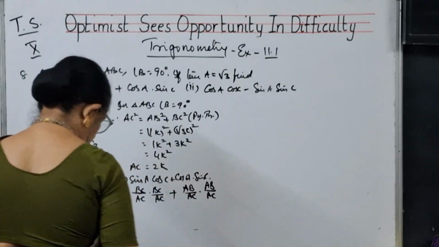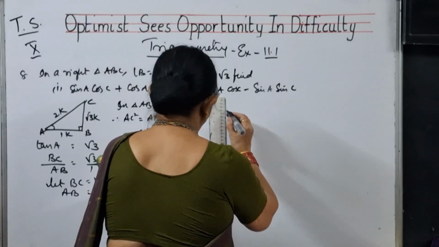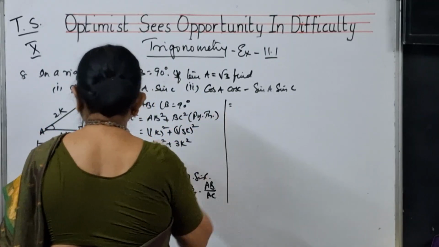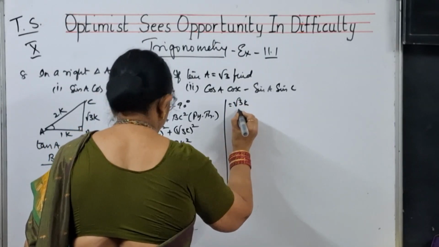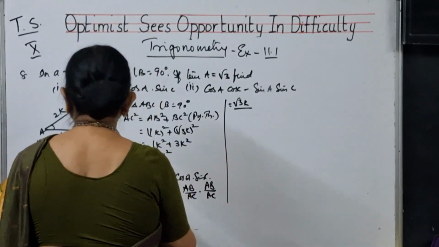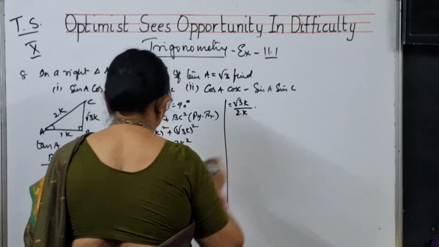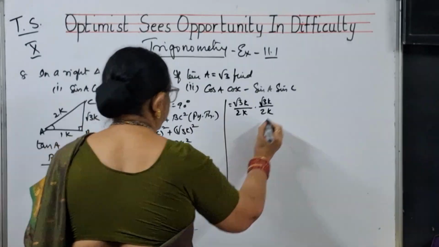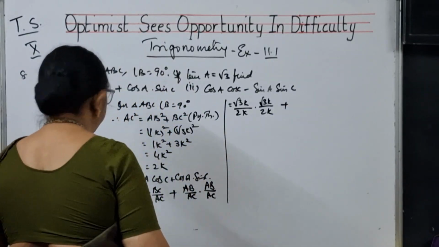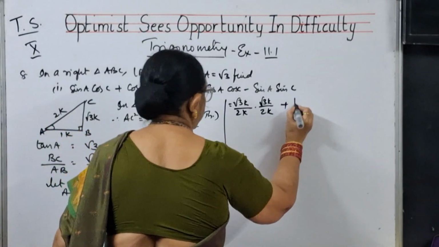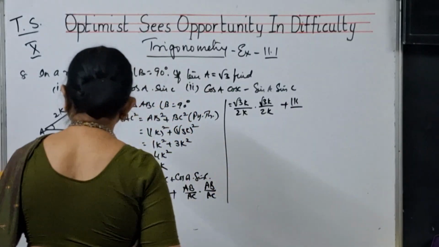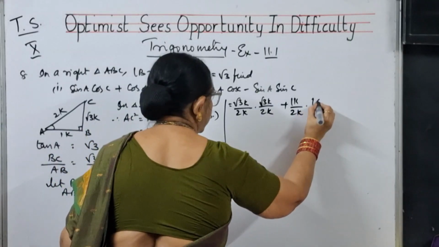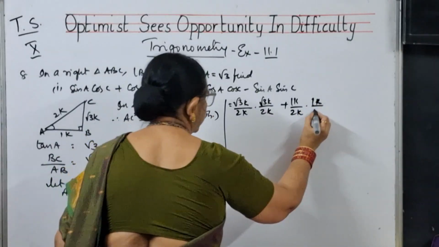So what is BC, children? Root 3k by AC. AC is 2k, into again root 3k by 2k, plus AB. What is AB? AB is 1k, by AC 2k, into again 1k by 2k.